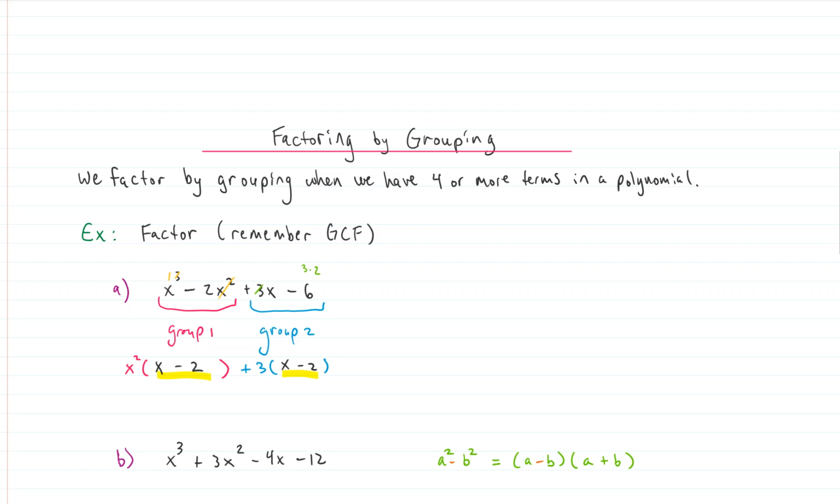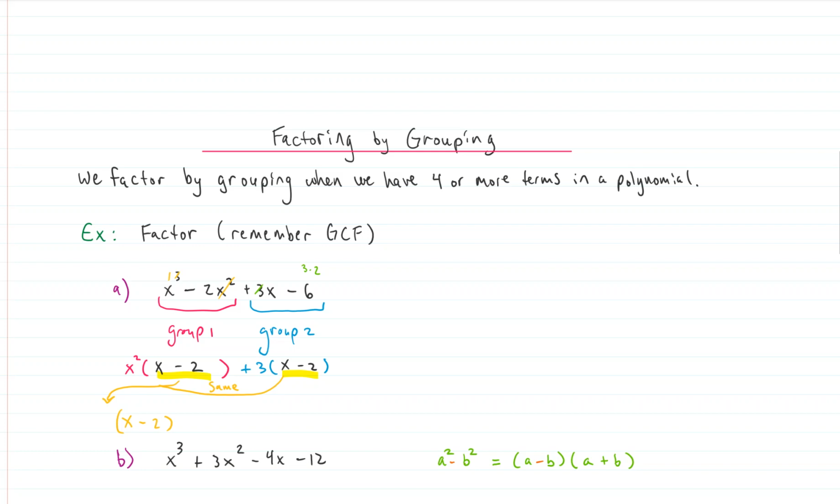So we can actually pull that x minus 2 out, like so. This x minus 2 is going to come out right here. It's going to come out also here. And this is the same, right? That's what we want. And we can put it out front. x minus 2.